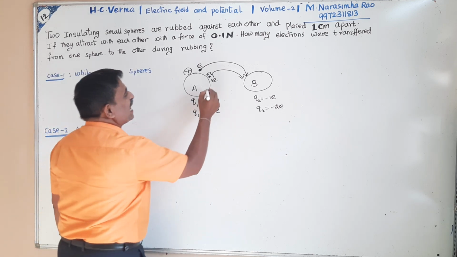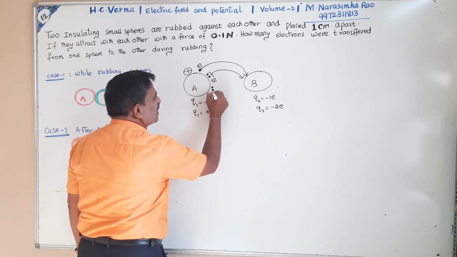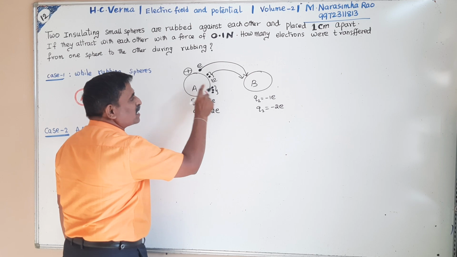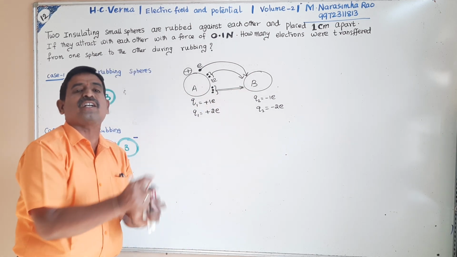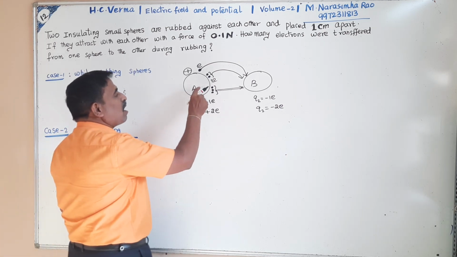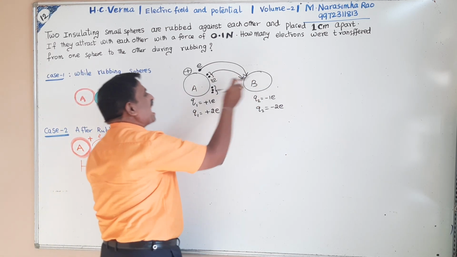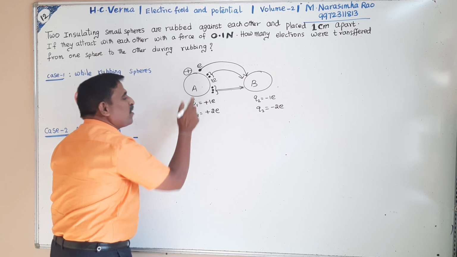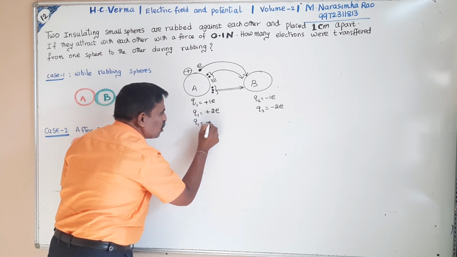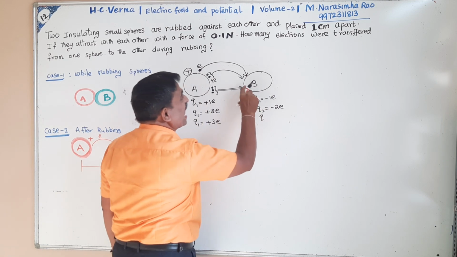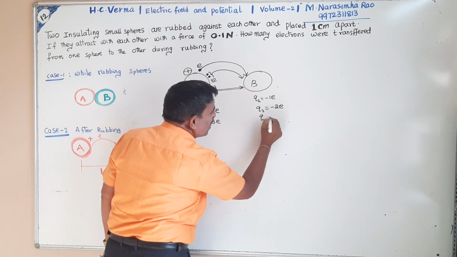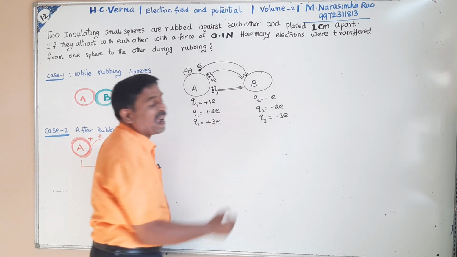Suppose 3 electrons are transferred from the first sphere to another sphere due to the friction, due to the rubbing. After losing 3 electrons, charge on the first sphere is plus 3e. The second sphere is gaining 3 electrons, so its charge is minus 3e.